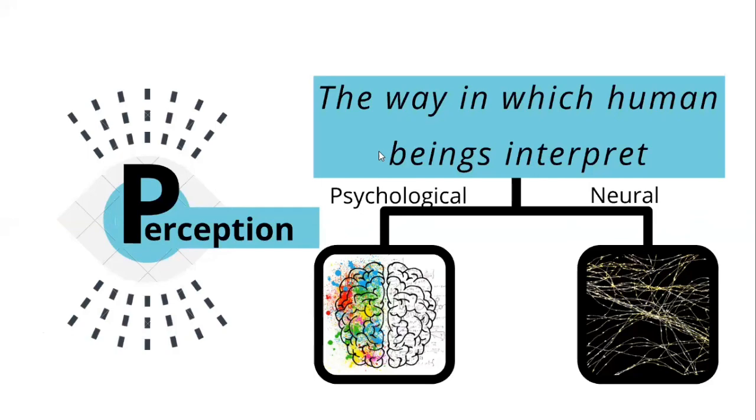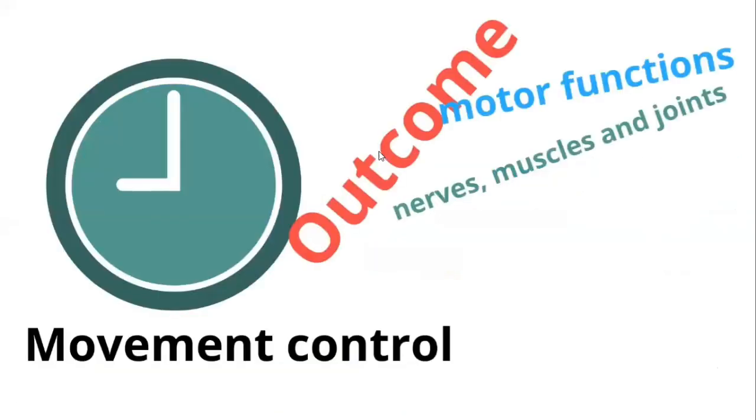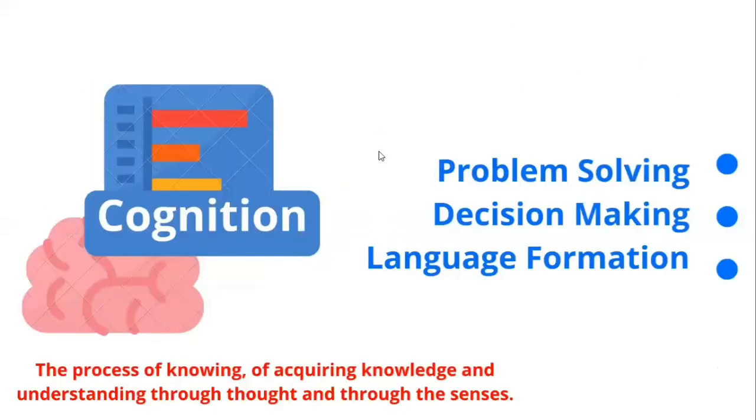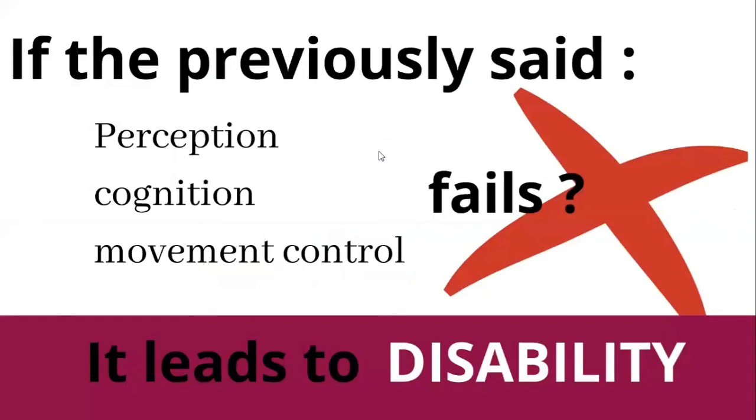Remember, these are the three things that are mainly happening in our brain or in our central processing system. One is perception, the second is cognition, and the third is movement control. If these three fail, the perception, cognition and movement control, it will lead to disability, right? But this disability is not that easy to correct.